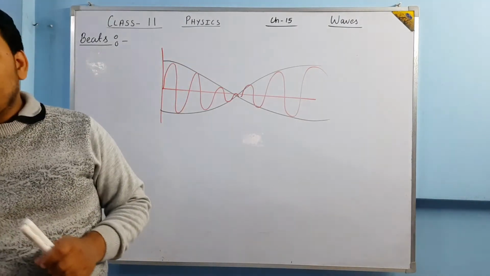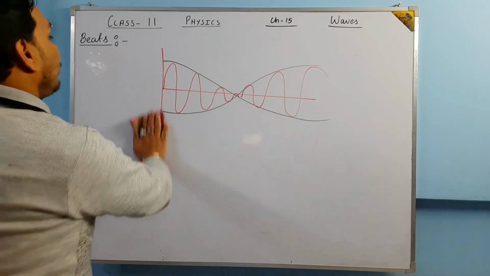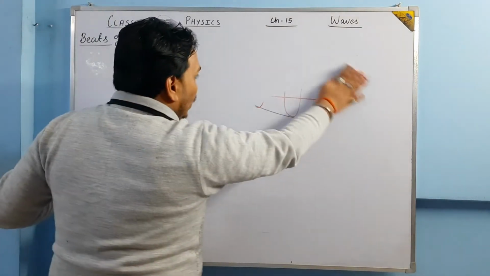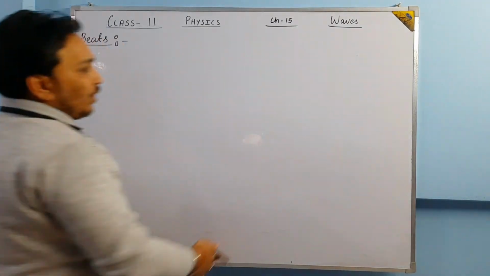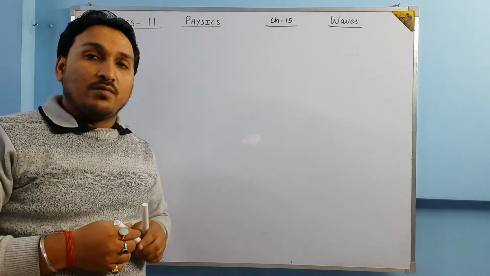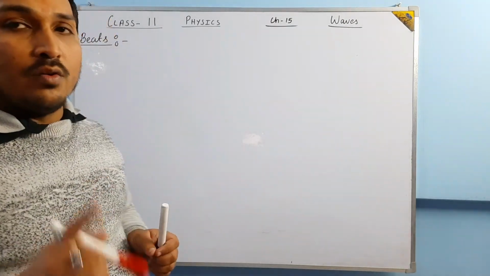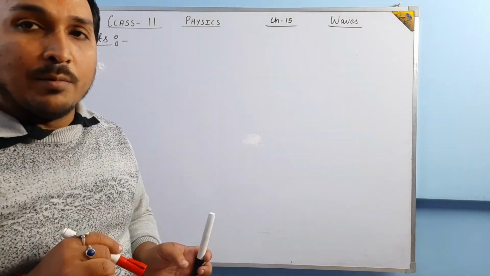What is the frequency of the beats if two slightly different waves superpose each other? Now I'm going to take the point at which the superposition takes place as constant for both the waves. So the kx part will not be there in the wave. We will only take the vibrational part.